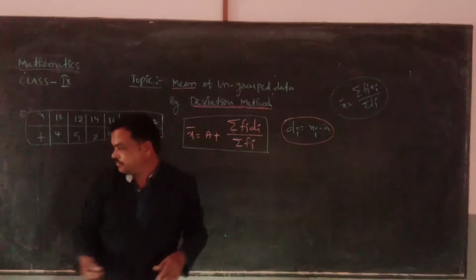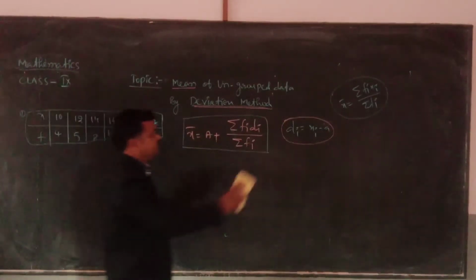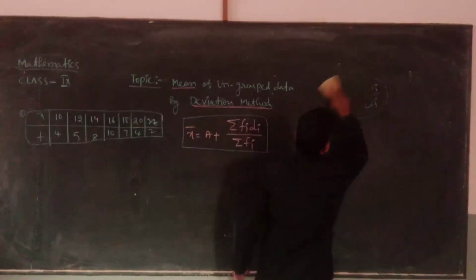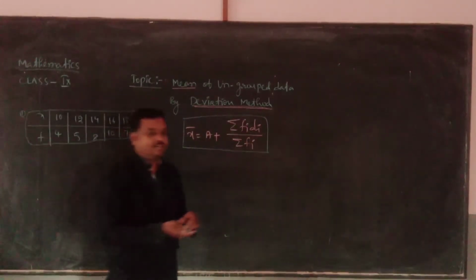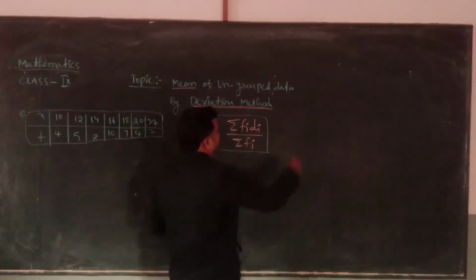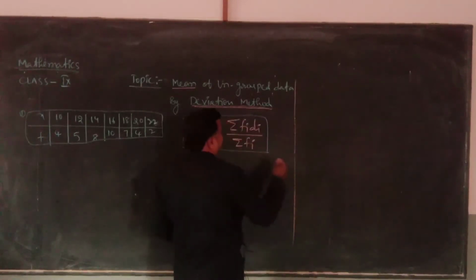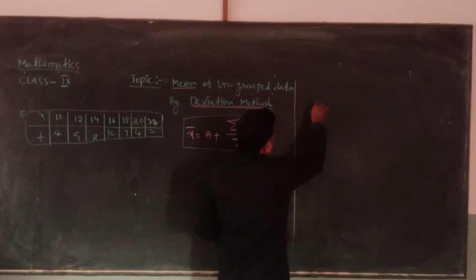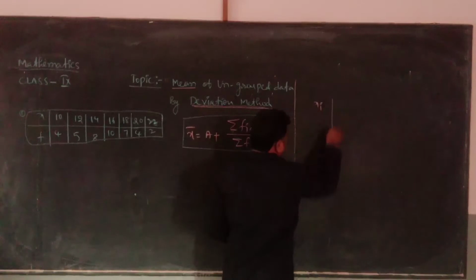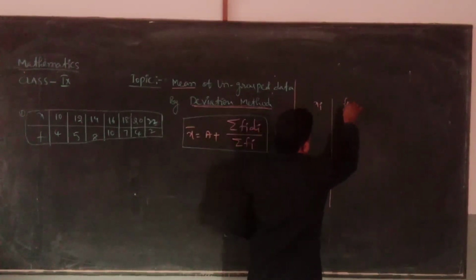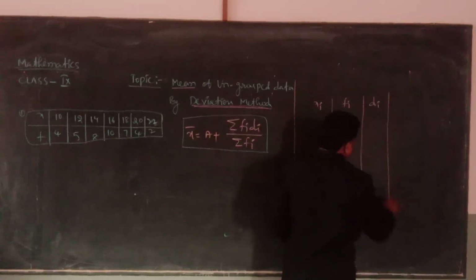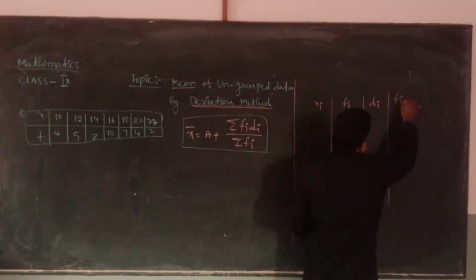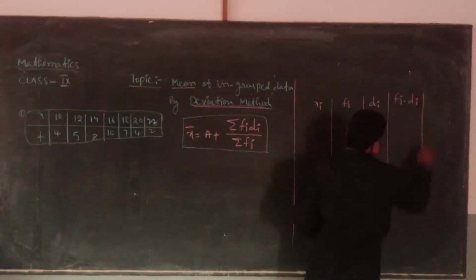First we have to make a vertical table according to the given data: xi, fi, di, fi into di.